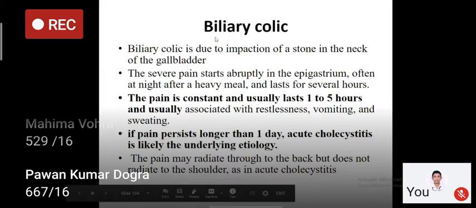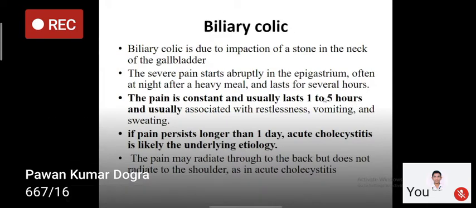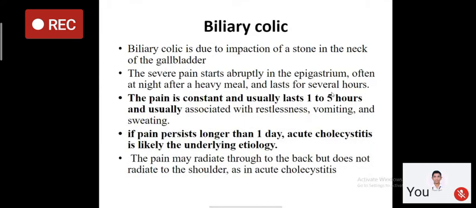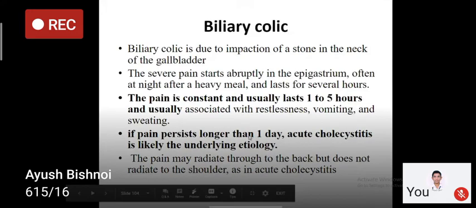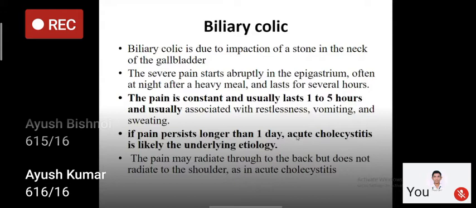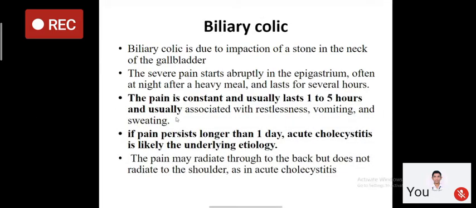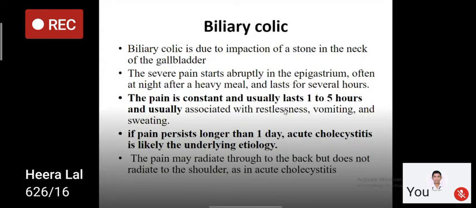So in biliary colic, usually the pain lasts 1 to 5 hours. If the pain lasts longer than 1 day, that is 24 hours, then most probably the diagnosis is acute cholecystitis. So in biliary colic, there is severe pain in the epigastrium lasting 1 to 5 hours, associated with sweating, restlessness, and nausea and vomiting.